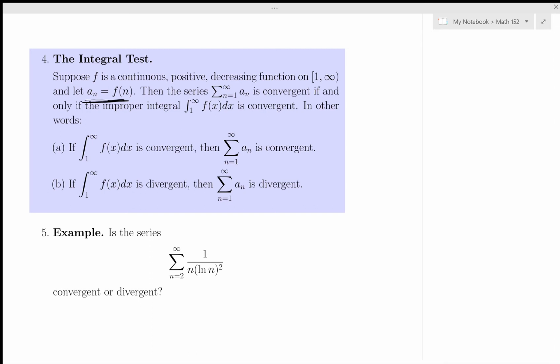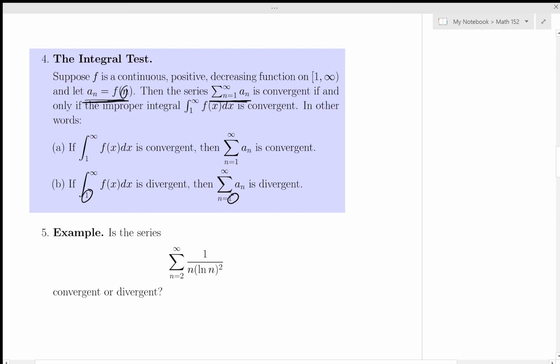So n is going to be 1, 2, 3, 4, and then we have the series that is equivalent to that function. And the series converges if and only if the improper integral is convergent. So it's basically saying if the integral converges, the series converges. If the integral diverges, the series diverges. Notice carefully that we're going to keep these the same.